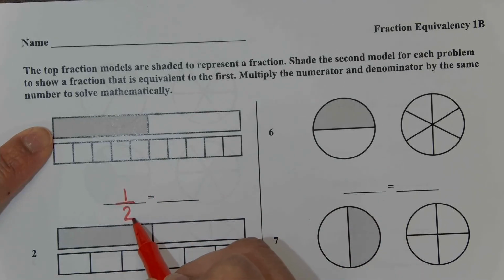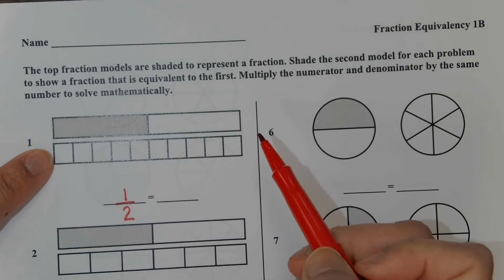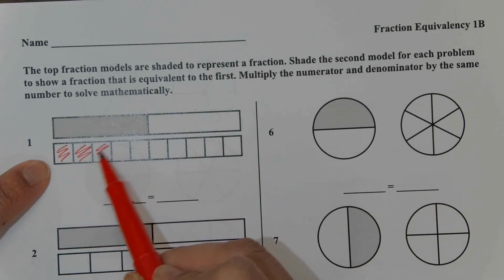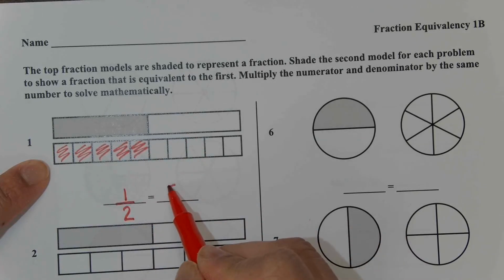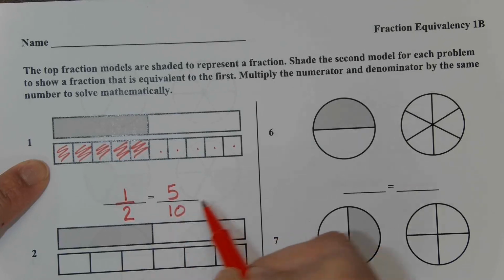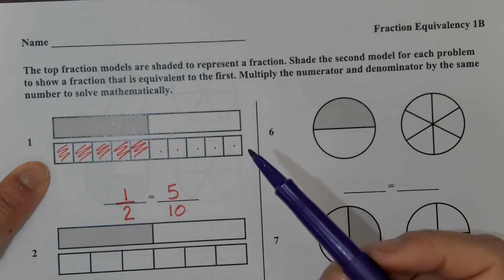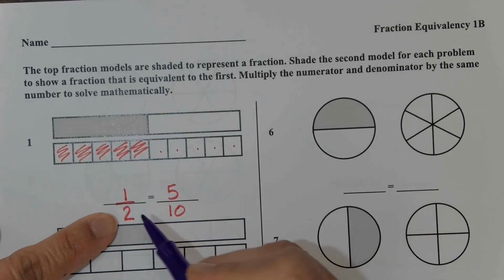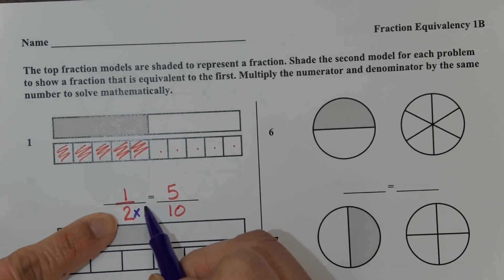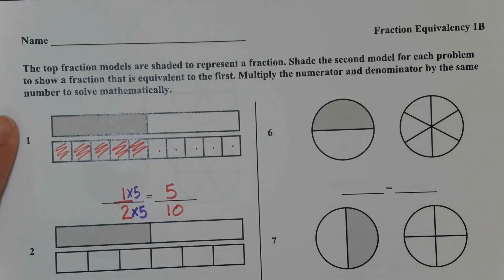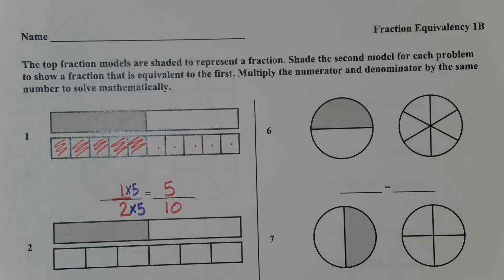How many pieces need to be shaded to equal half? 1, 2, 3, 4, 5, 6, 7, 8, 9, 10. 5 out of 10. Then you will use multiplication, okay? So what factor times 2 equals 10? 2 times 5 equals 10. 1 times 5 equals 5. You will continue that same process for numbers 1 through 10.